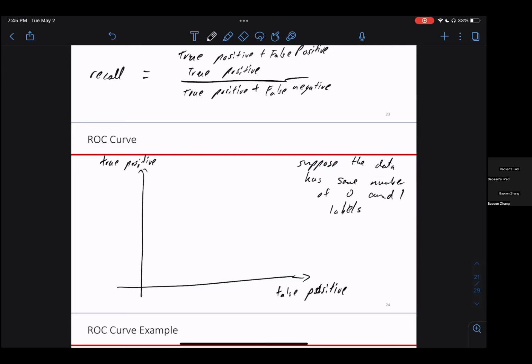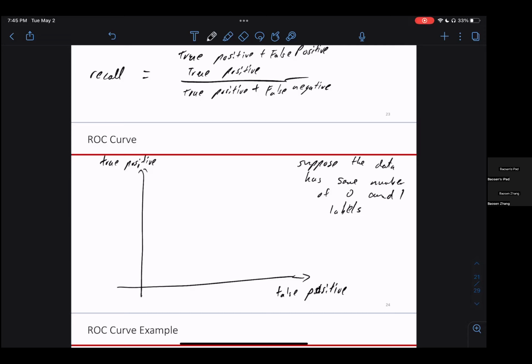I cannot be wrong in the false positive setting, because I will never classify a negative into a positive. I never output one. So I always output zero. The false positive rate is zero. Is that clear? How that works?